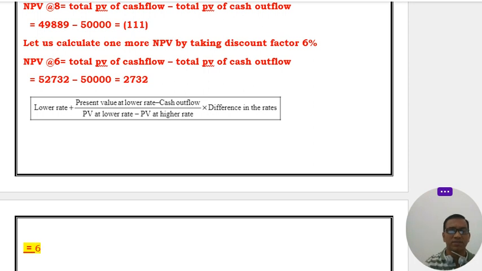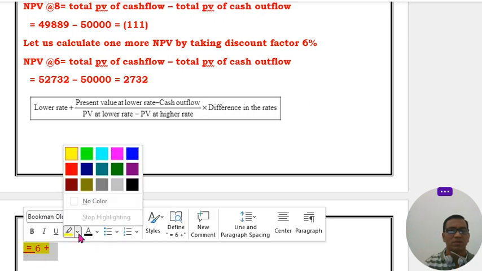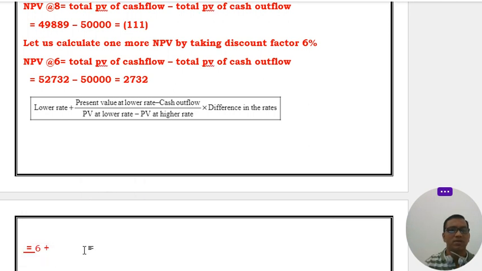So 6 plus, in brackets, PV of cash flow at 6%, that is 52,732 minus cash outflow 50,000, close bracket, and divided by, in brackets, PV at lower rate, 52,732, minus PV at higher rate, that means PV of cash flow at the higher rate, 49,889.